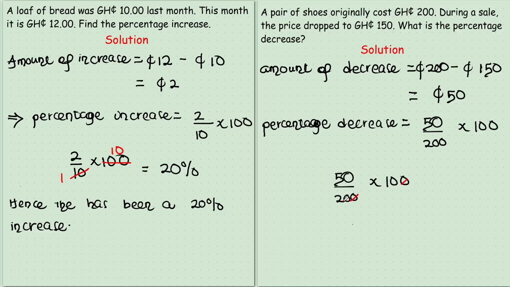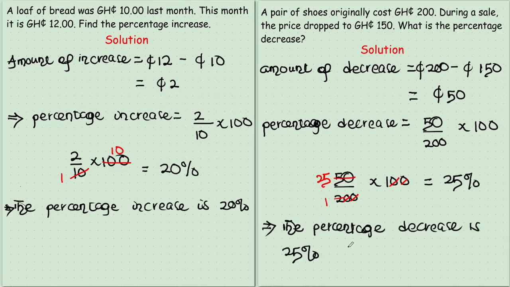So this is cancelled. And then 2 divides itself once and also divides 20. It divides 50 25 times. Evaluating further, we have our 25 times our 1. 25 times 1 gives us a 25, then over the 1, which still remains 25%. So we can conclude by saying, therefore, the percentage decrease is what? 25%. And that is it.